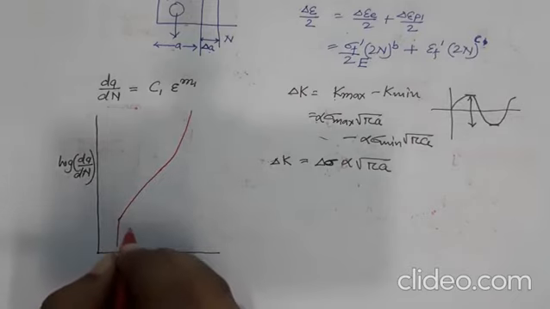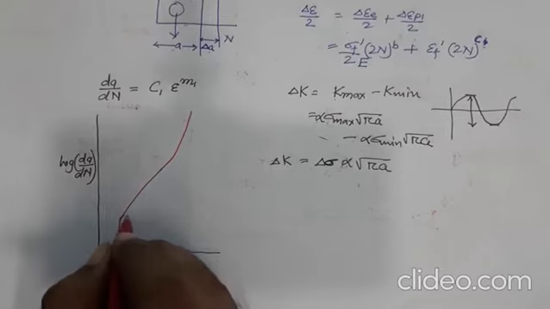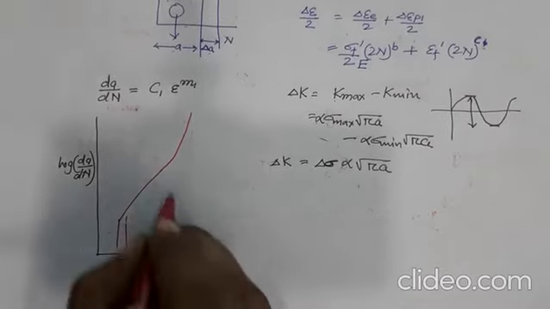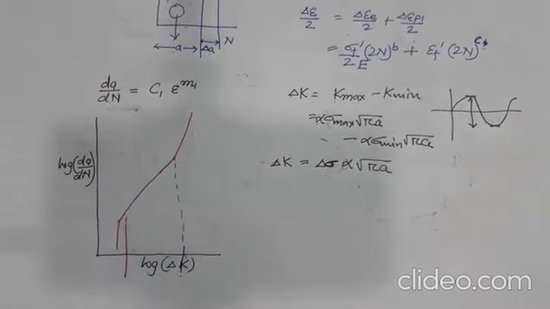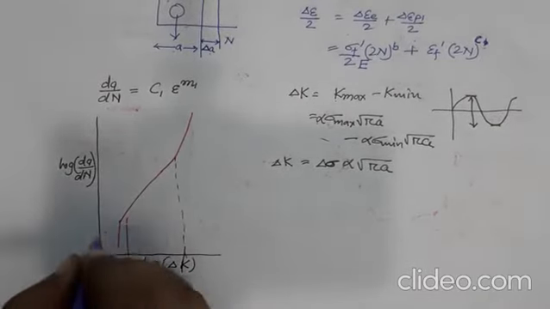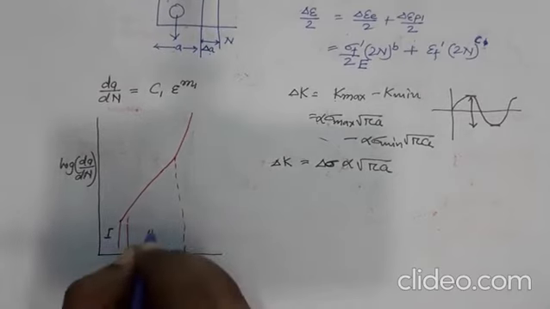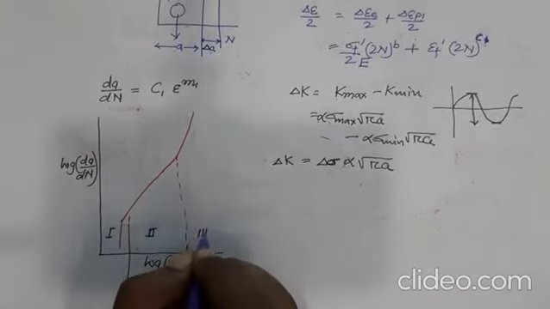So the first region, if I break it let's say till here, and then I break it till here and then the rest. So this part is my region 1, this part is region 2, and this part is region 3.